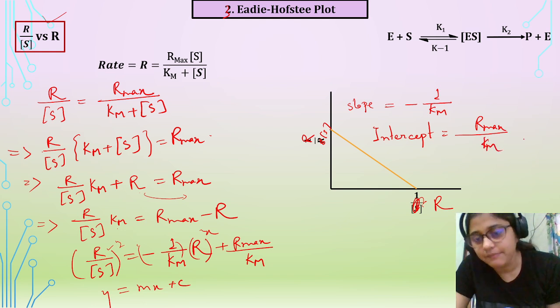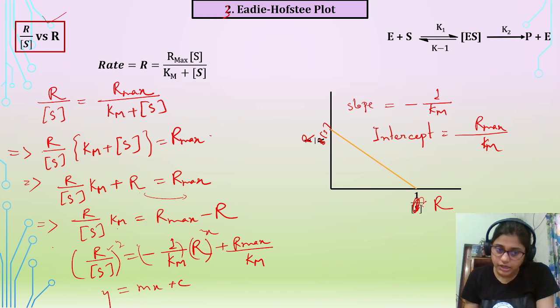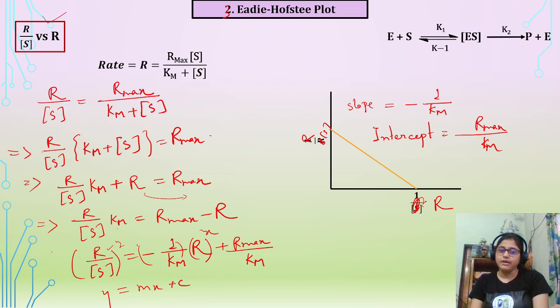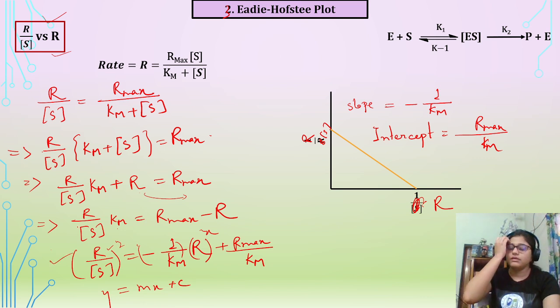So again, you have the idea about that. In the Eadie-Hofstee plot, what versus what is actually plotted, and we can derive it easily. But if you can remember it, please try to remember it. If you cannot, don't worry, just derive it. I just remember what versus what is plotted, and I derive the rest so that the error can be less.